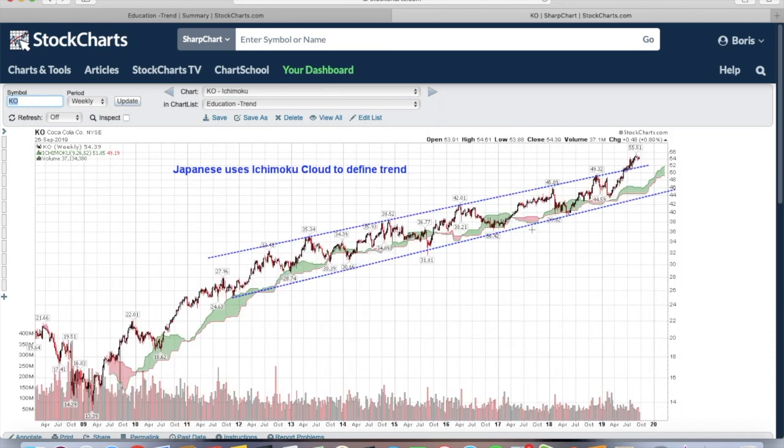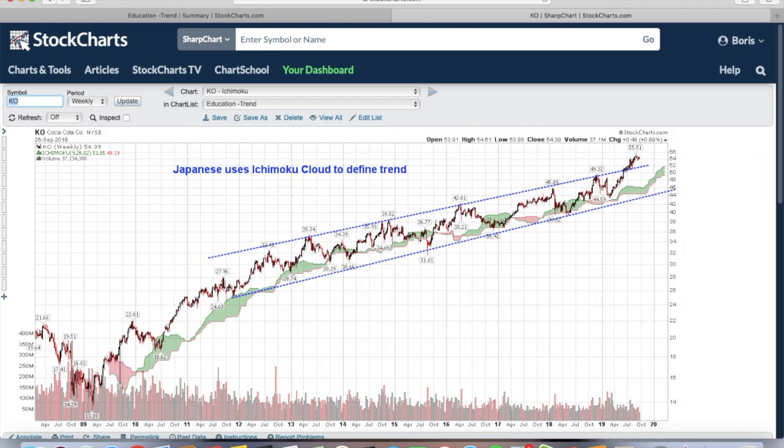The Japanese use Ichimoku to define trend. It's a very useful way and easy for visualization. The green cloud represents an uptrend. If the price moves inside the cloud, it means the trend is a little bit weak, but it doesn't mean there's a change of the trend.